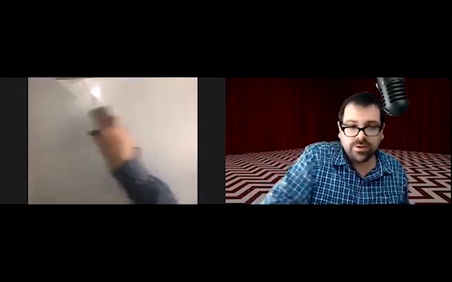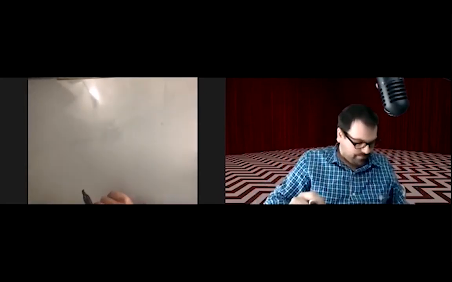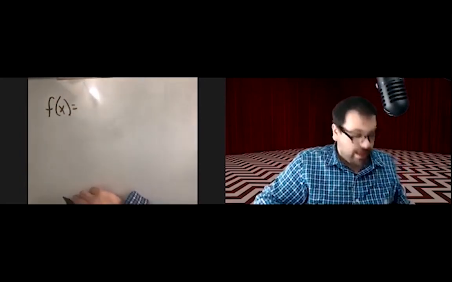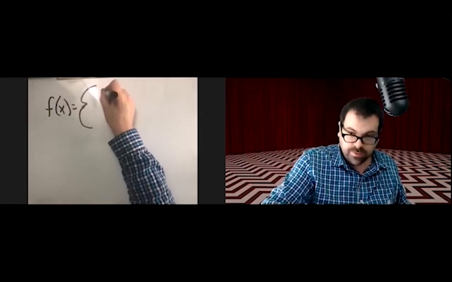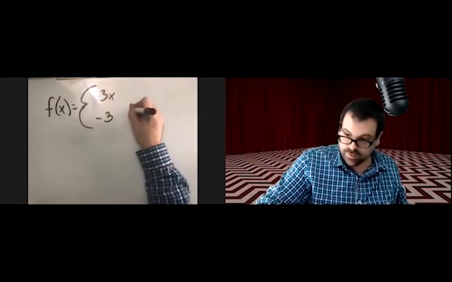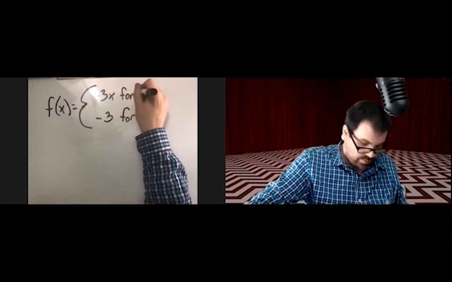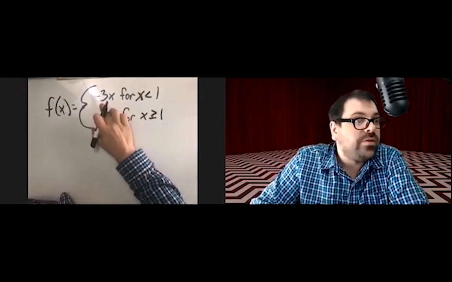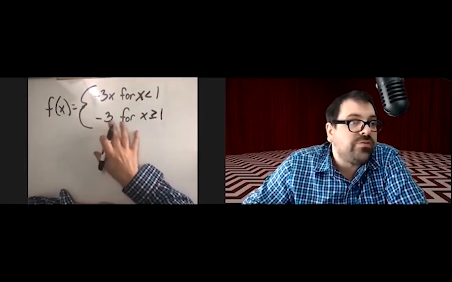Let's take a look at the following. f of x equals, this is negative 3x for x less than 1, and just -3 for x greater than or equal to 1.